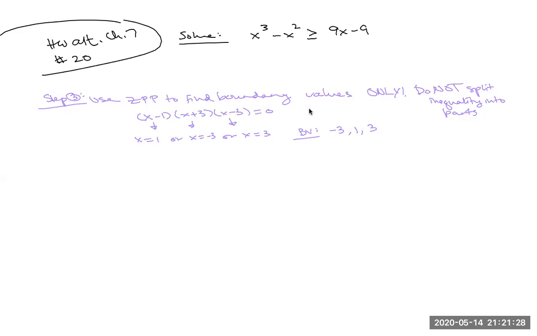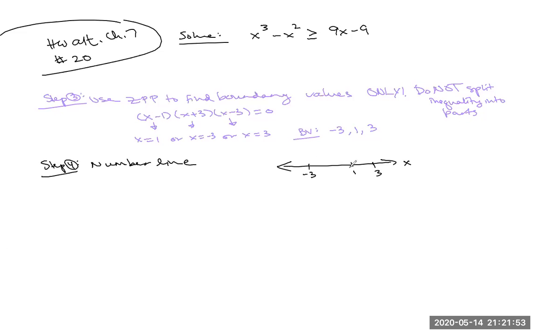So let's go ahead and make our number line. X values, negative 3, 1, 3.